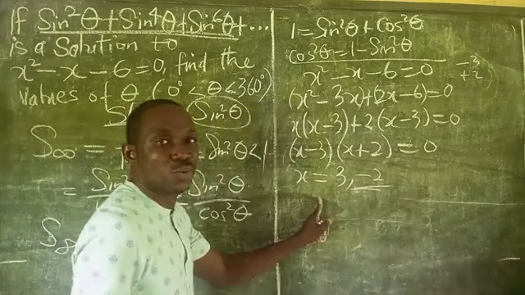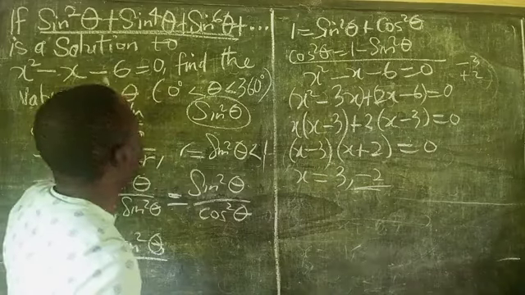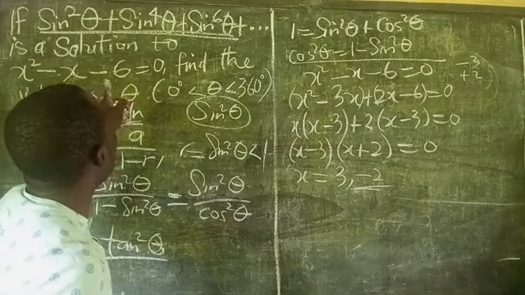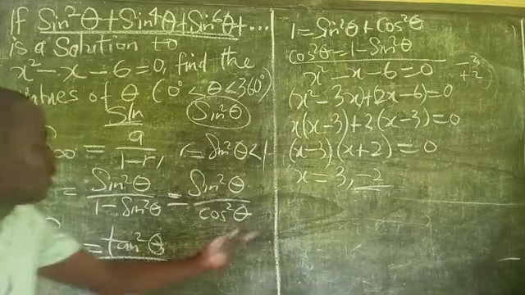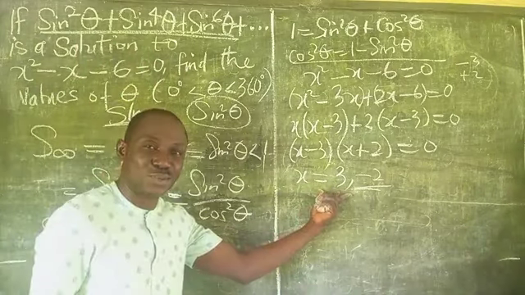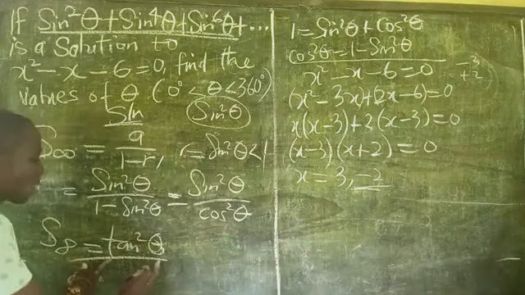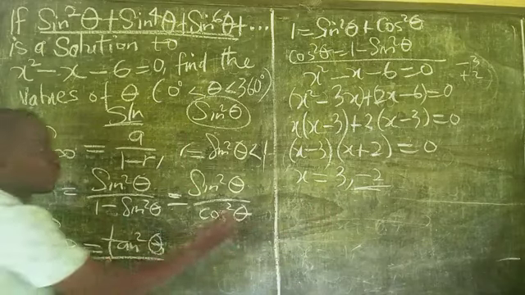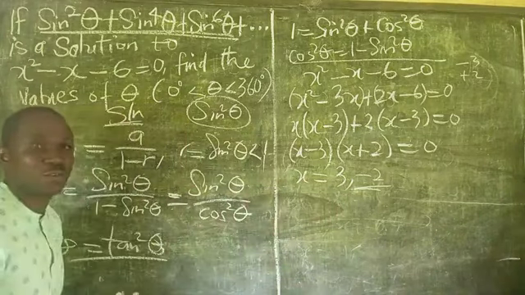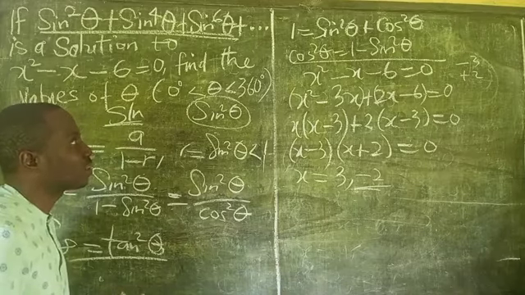So these are the solutions from the quadratic equation. But from our initial equation, we are told that this expression, the geometric series, is a solution to this, and now we have the solutions to the quadratic equation. So our task is to equate the tan square, as the solution to the geometric series, to each of the solutions we have from the quadratic equation.